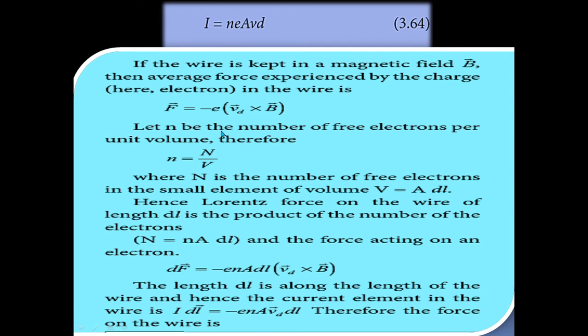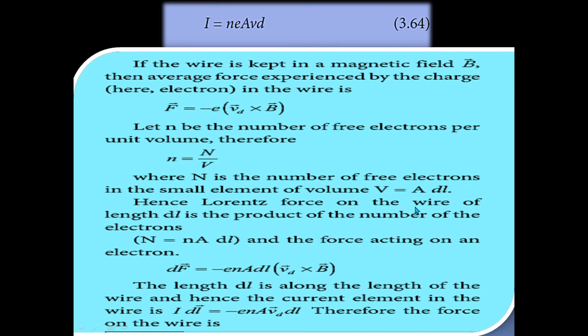Let small n be the number of free electrons per unit volume. Therefore, small n is equal to capital N, the number of free electrons, divided by volume. So capital N is equal to small n into V, where V is the volume. The volume is area into height, and here the height is dl.